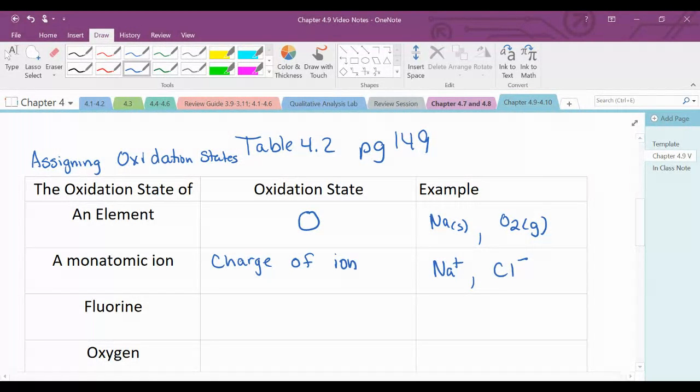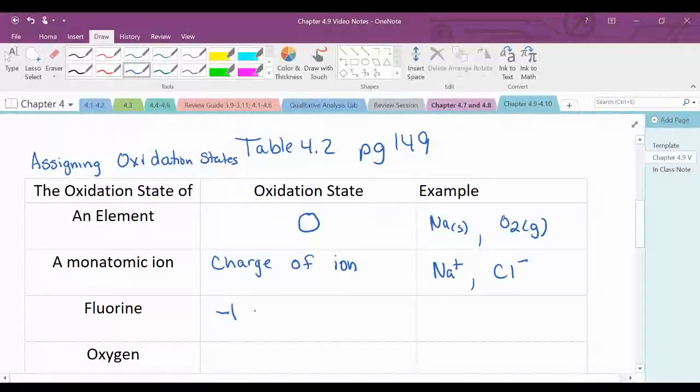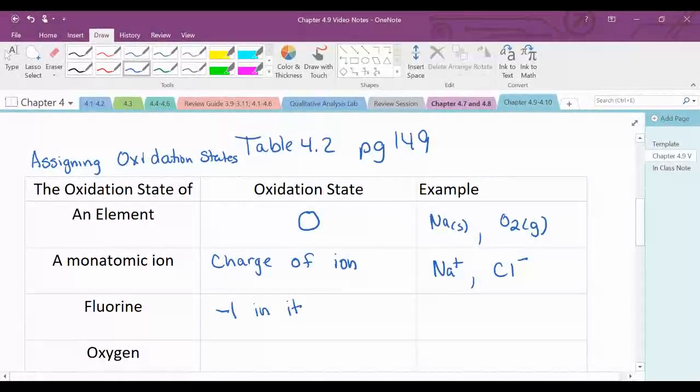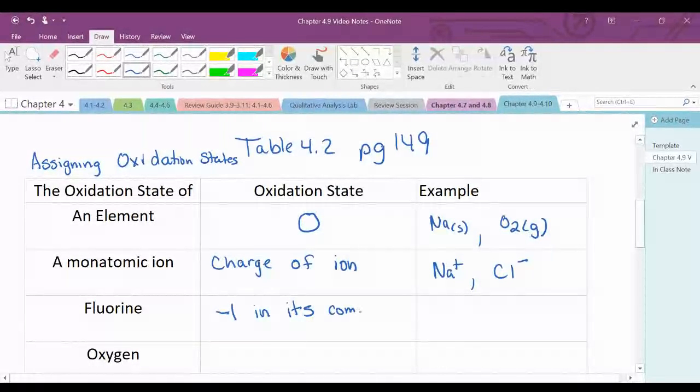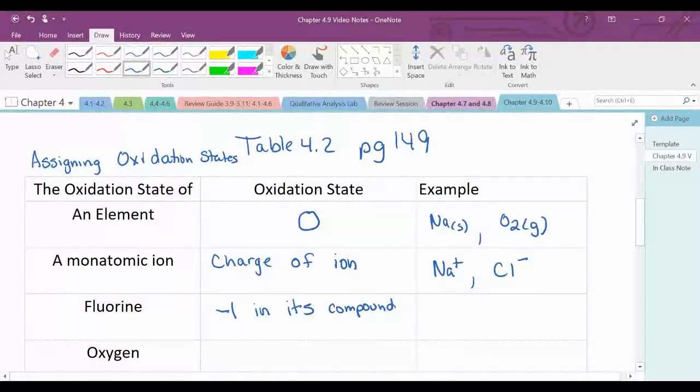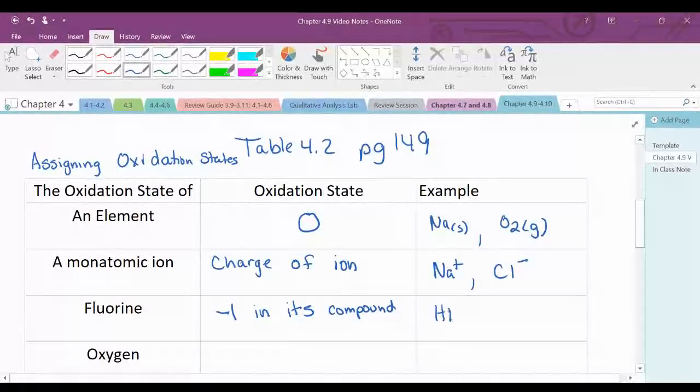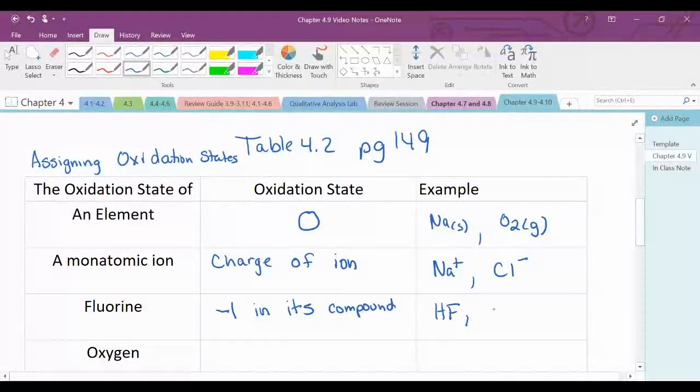If you have fluorine, it's a -1 in its compound. So if you have hydrofluoric acid or phosphorus trifluoride, the fluorine would be assigned a -1.